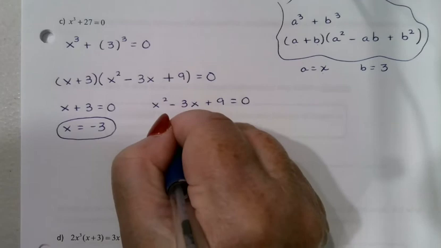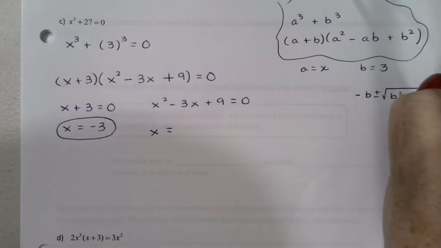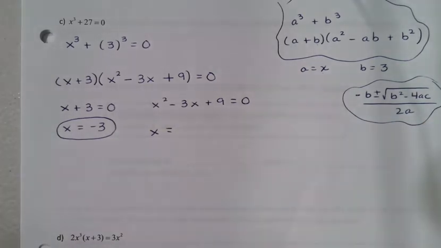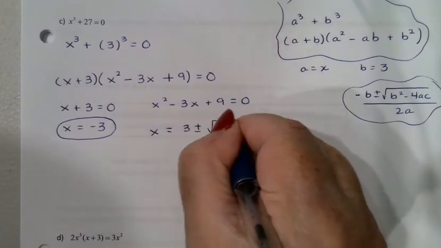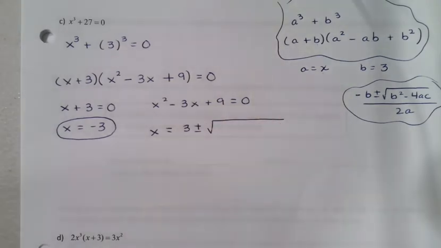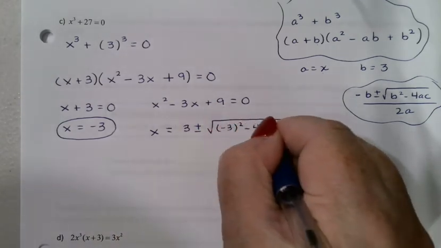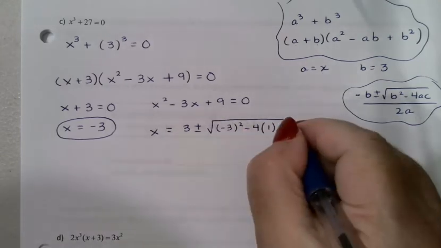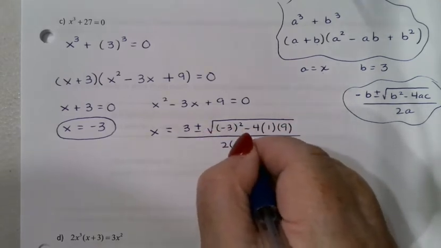X will equal, and again, I'm just going to remind you what that looks like. This one you probably know, but there we go, just in case we need it. Opposite of b would be +3 plus or minus the square root of -3 squared minus 4 times a, which is 1, times c, which is 9, over 2 times 1.